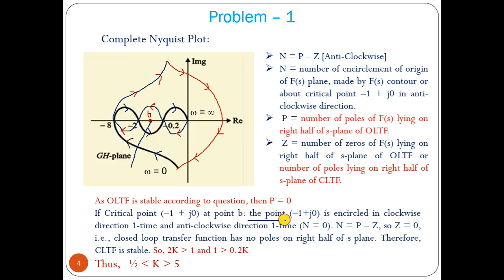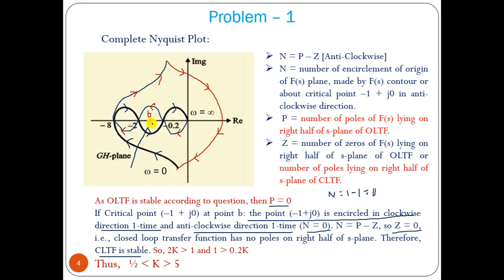So if point B is the critical point minus 1 plus j0, it is encircled in clockwise direction one time and anti-clockwise direction one time, then N becomes 0. N equal to what? Anti-clockwise plus 1, then clockwise minus 1. So N equal to 0. We know P equal to 0. So Z equal to 0. N equal to P minus Z. So the system is stable. The closed loop transfer function is stable for this particular point.